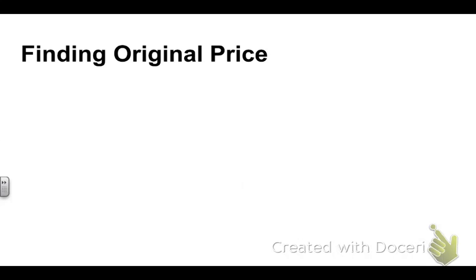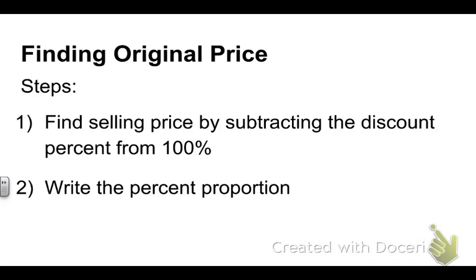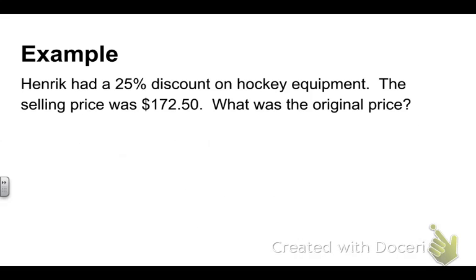And then finally, to find the original price, find your selling percent by subtracting the discount percent from 100%, the whole. Write the percent proportion that we've been using, and then solve for the whole. For example, Enrique had a 25% discount on hockey equipment.